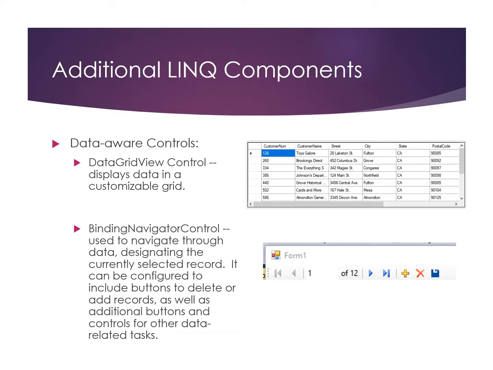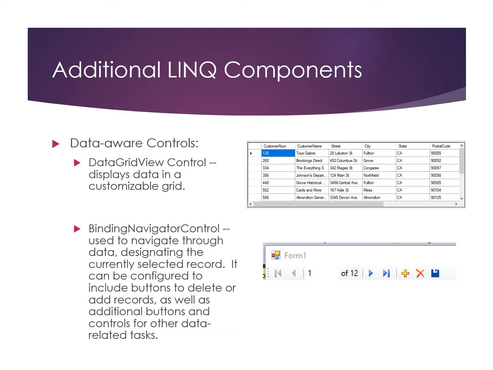There's also the binding navigator control, and the binding navigator control is used to navigate through data, designating the currently selected record. That's the one that would be the object that we're going to delete or modify or edit in some way. It can be configured to include buttons to delete or add records, as well as additional buttons and controls for other data-related tasks, and you can even customize some to do things you might imagine doing unique to your own application.